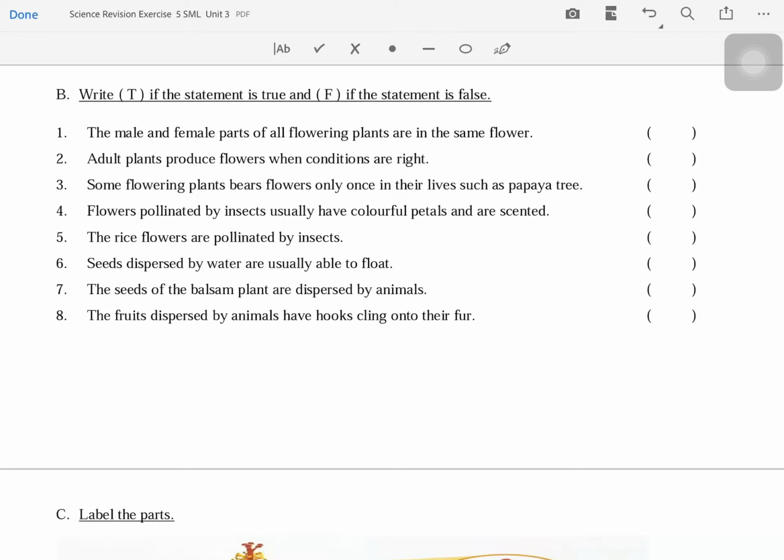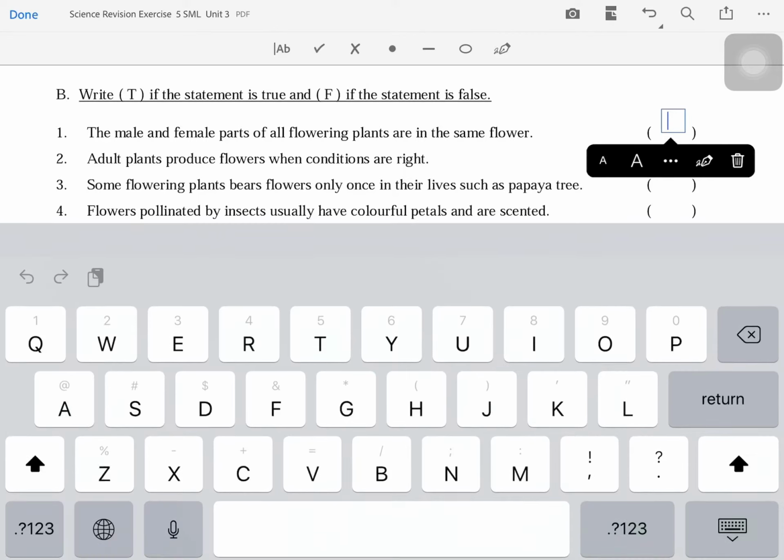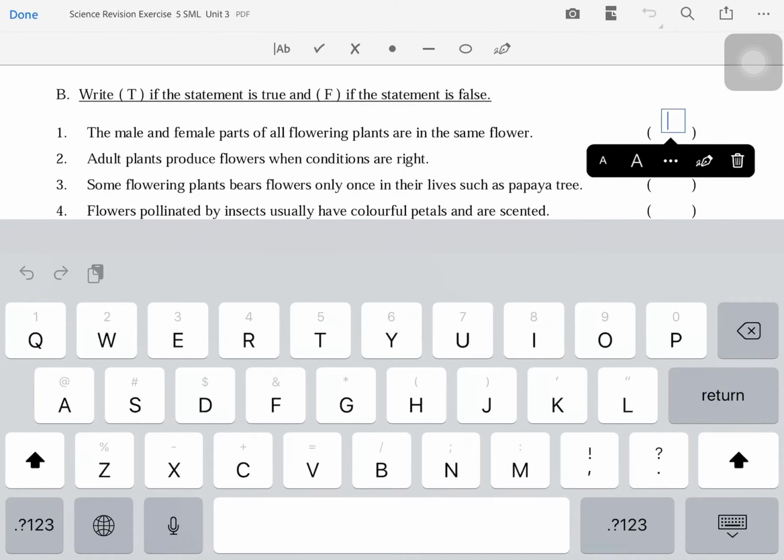Now, most of the plants, right, the male part and the female part are not of the same flower. Alright, not all of them are from the same flower. So your answer is false. For the first question, your answer is false.